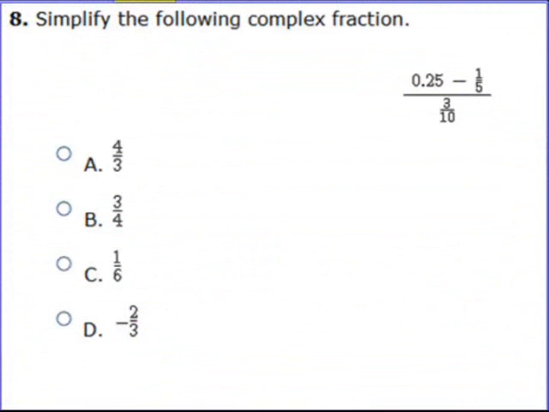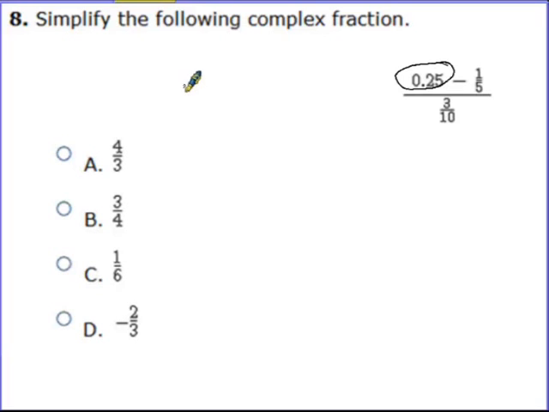Okay, so here they wanted to try and confuse us, but we're not going to let that happen. First off, we got to get rid of this decimal here because we don't want to try to subtract decimals and fractions. So first thing I'm going to do is convert my decimal to a fraction, and I do that by dividing.